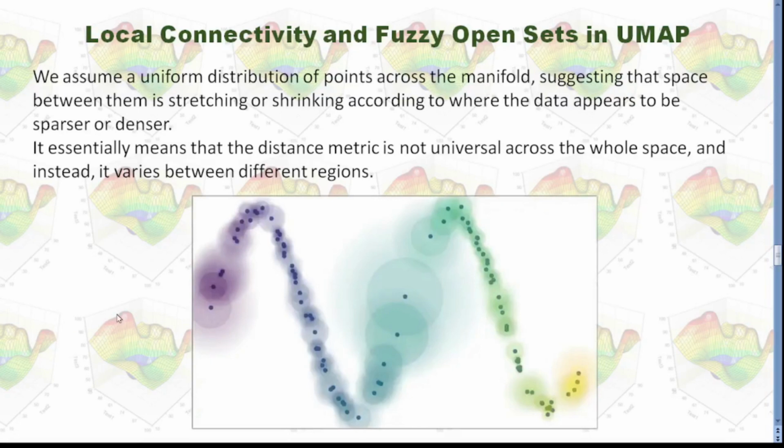Like I just mentioned, in t-SNE, we have a unique perplexity for our model.